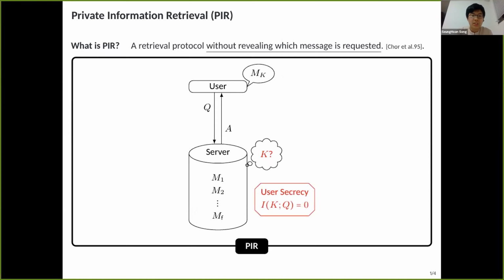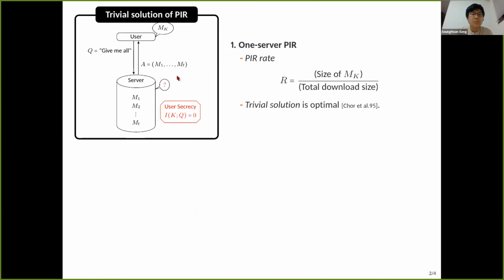At first glance, it's very hard to find a solution to this problem, but there's a very simple solution: just downloading all messages. By downloading all messages, the user can pick the targeted one, MK, but the server doesn't know which one is the targeted one. But this solution is very, very inefficient. The efficiency of a protocol is evaluated by the PIR rate, defined as the size of MK over the total download size.